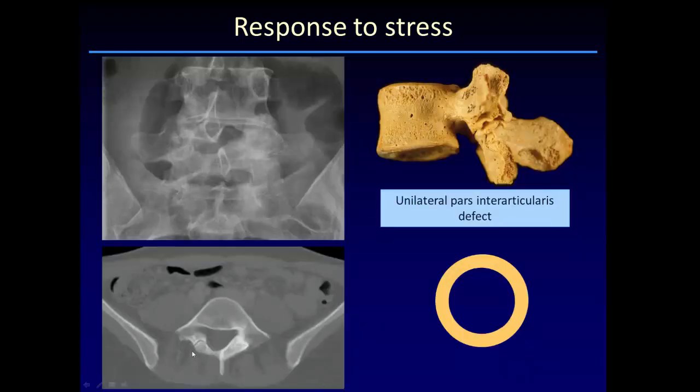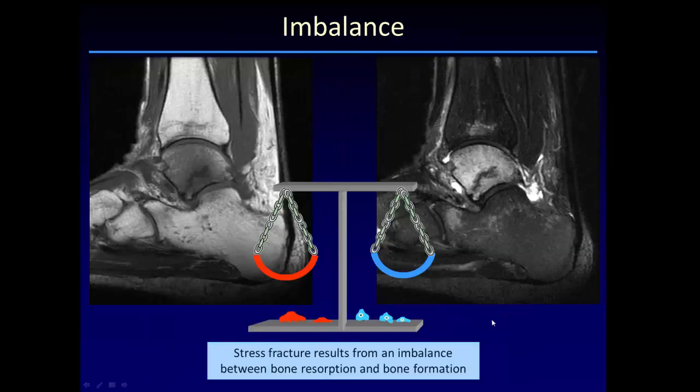Another example in a patient with a unilateral pars interarticularis defect, and you can see the hypertrophy of the contralateral posterior arch as it takes increased load, and you can see that the bone becomes thicker. So this is a pathologic process, and again our body, because it's slow, has adapted to it.